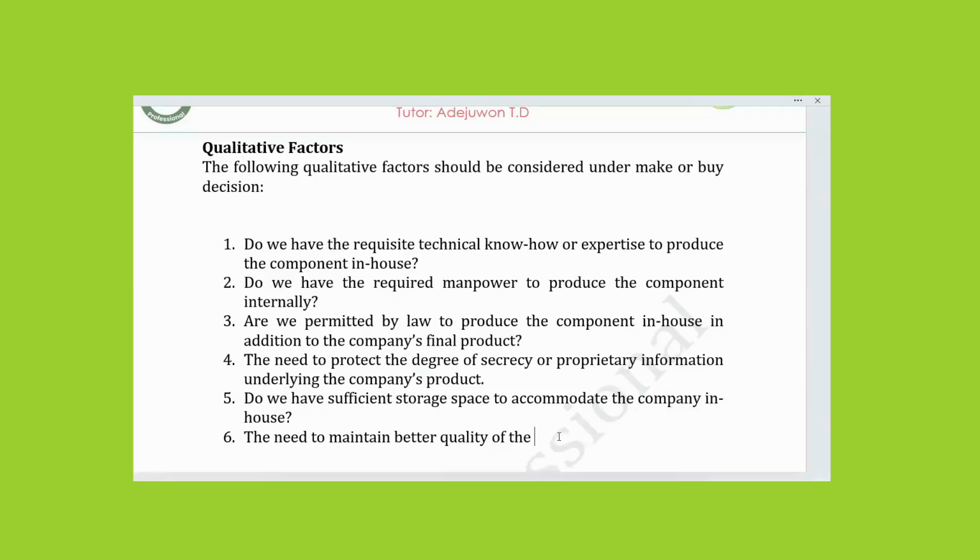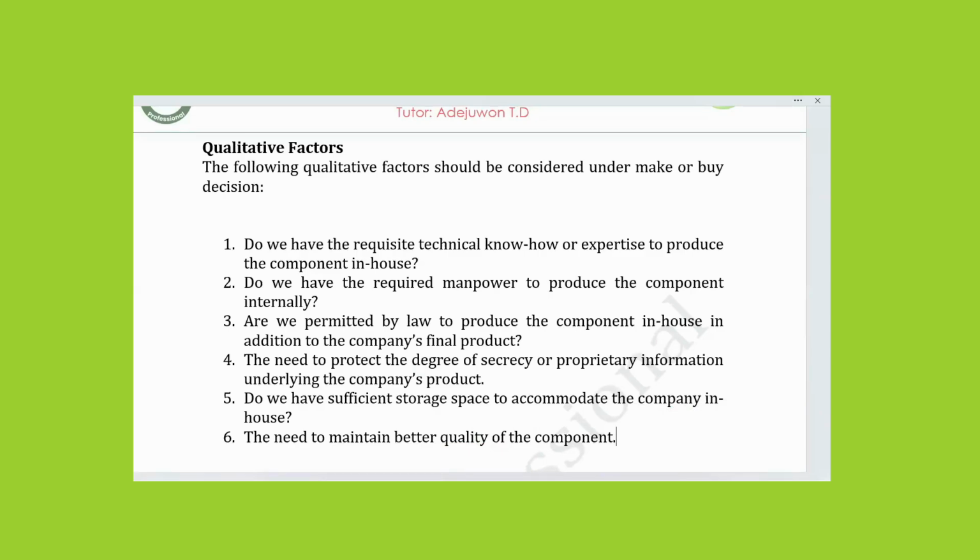Okay. So at times, because you are not sure of what the external supplier will do, and because maybe the company is already producing the components, you are contemplating whether you should outsource it, give it to an external supplier, but you are not sure if the external supplier is going to maintain the existing quality of the product.